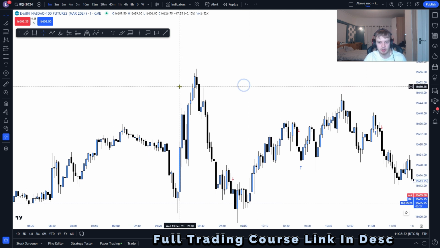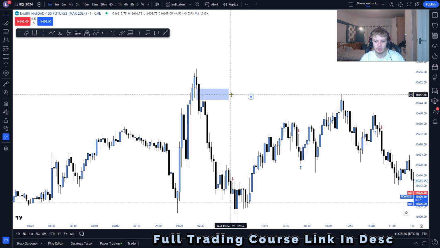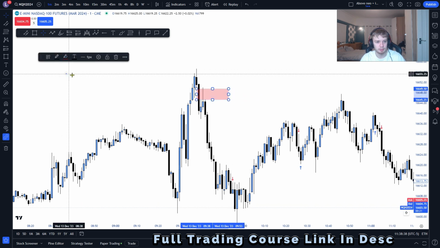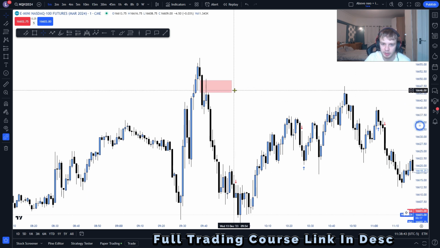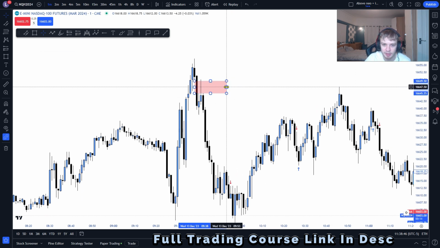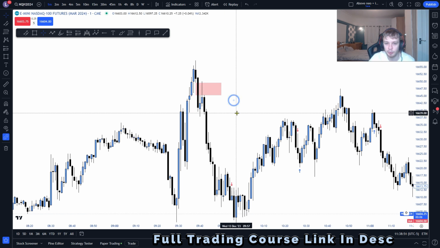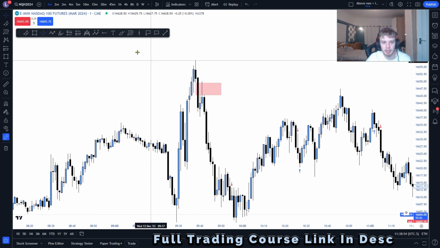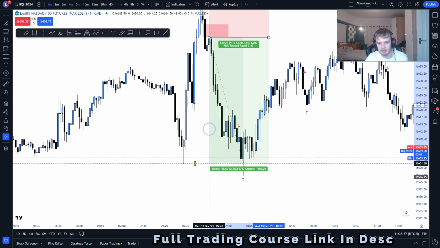Then we get this nice bearish candle, which I personally wasn't able to take a trade off, and the reason for that is because it is not in the silver bullet macro. Let's say that this was at 9:50 instead of 9:40, then I would have almost 100% taken a nice short setup like this and targeted sell side liquidity.